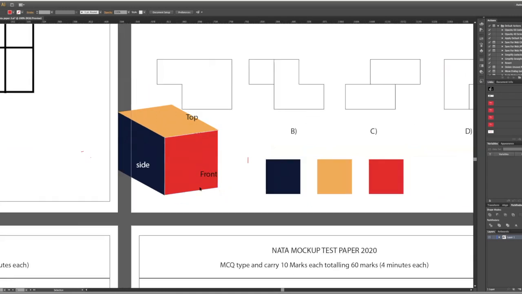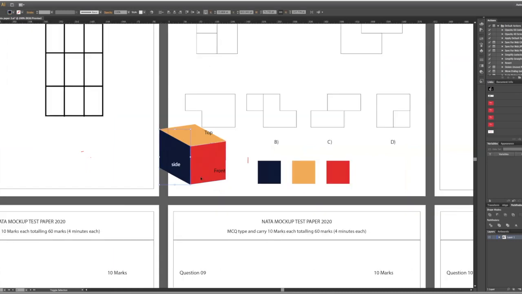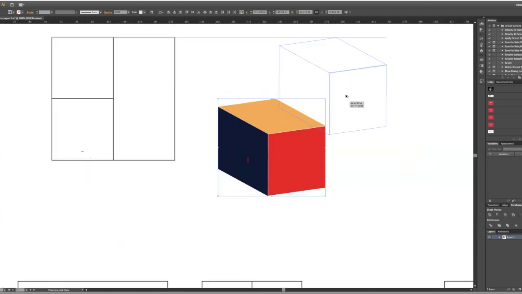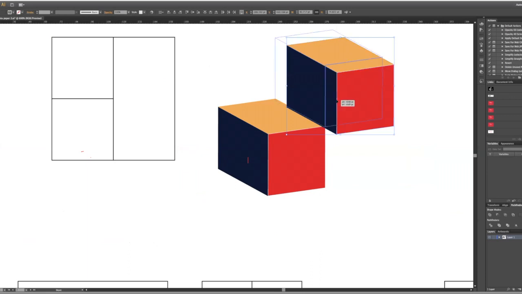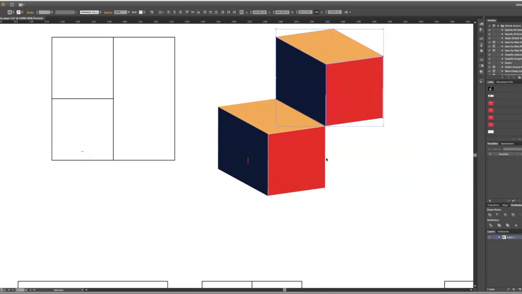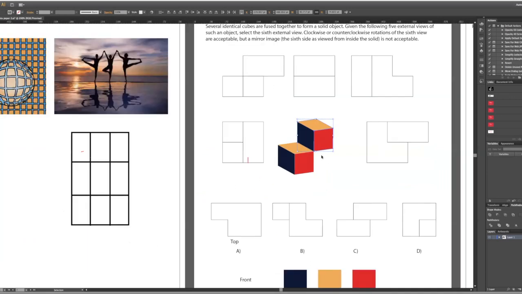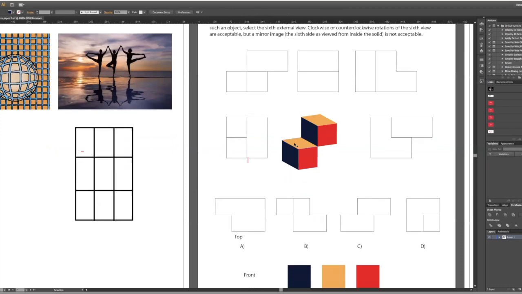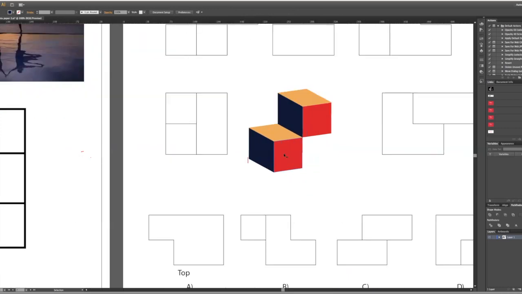Now tell me another thing. If I have something like this, it is some sort of similar question to the fifth question. Now this is the figure I am getting. What will be the top view of it?